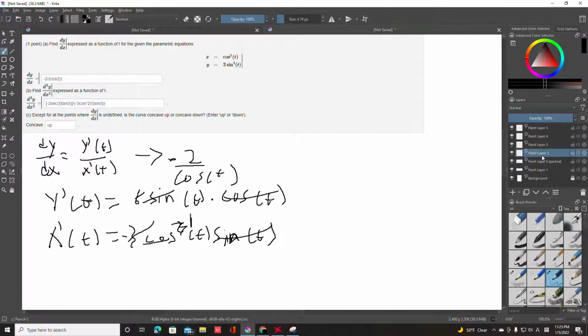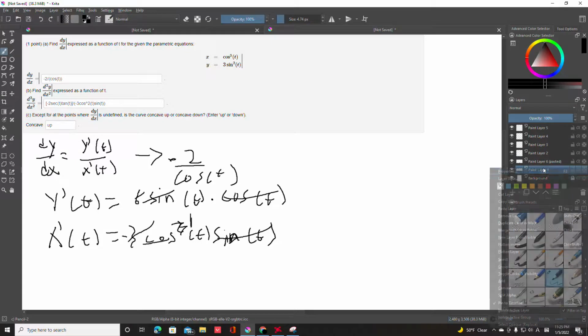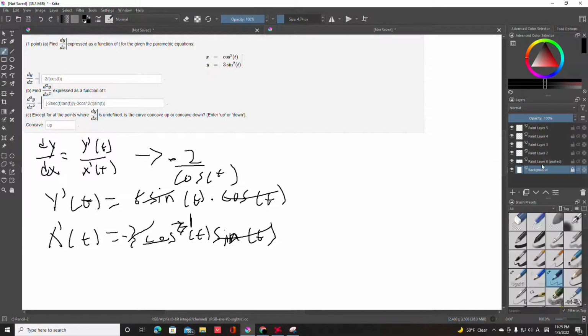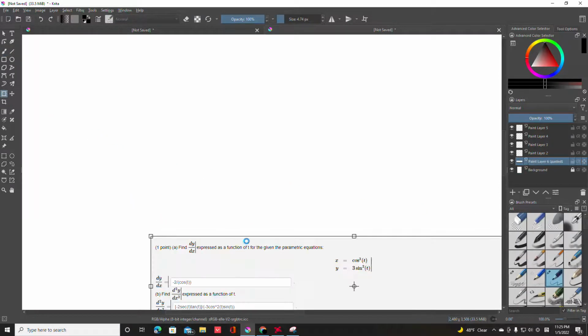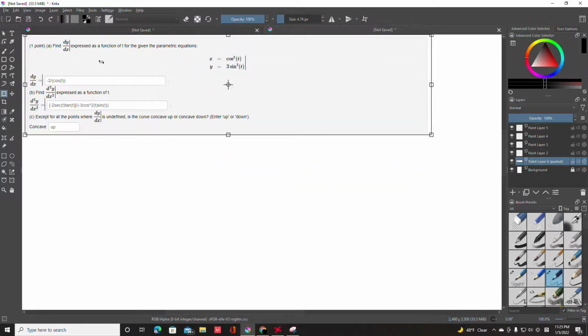Now let's do the second derivative. The second derivative is kind of different.